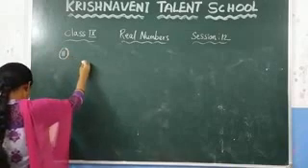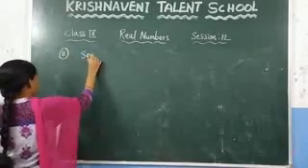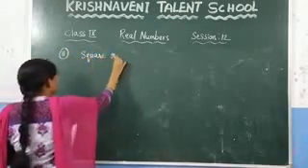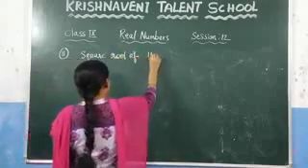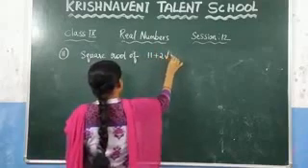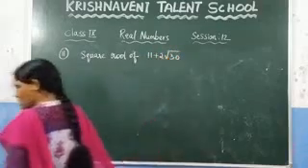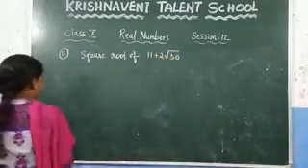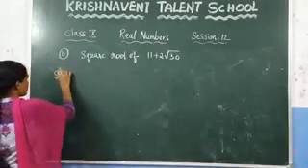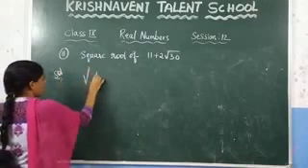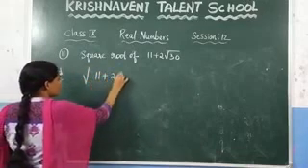They asked: find the square root of 11 plus 2 root 30. This is the question they have given. You need to find the square root of this one. That means you have to find the square root of 11 plus 2 root 30.